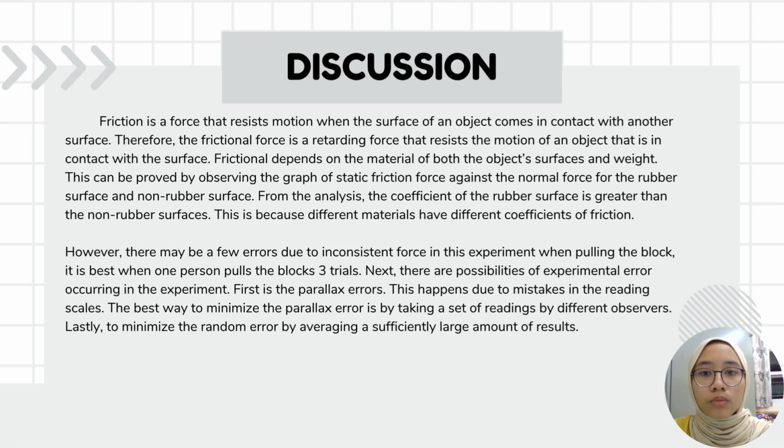This can be proved by observing the graph of static friction force against the normal force for the rubber surface and non-rubber surface. From the analysis, the coefficient of the rubber surface is greater than the non-rubber surface. This is because different materials have different coefficients of friction.